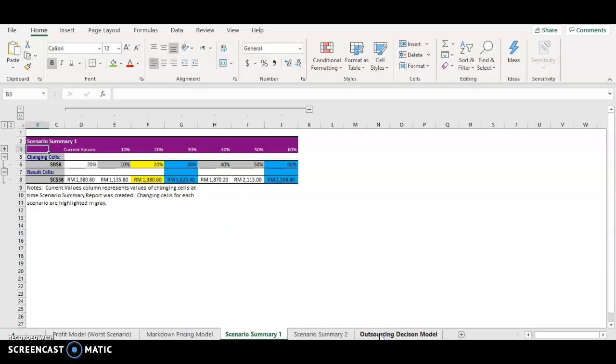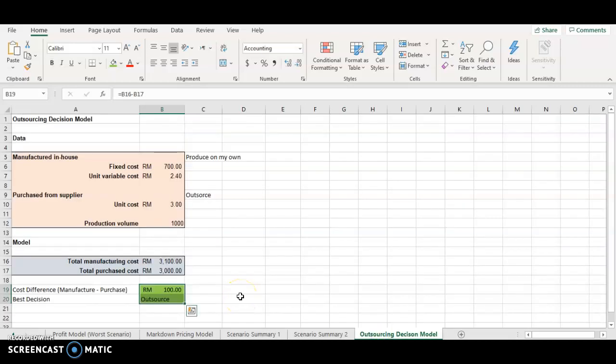As for the last part, the outsourcing decision model, I key in. This is to know whether I should manufacture my product or purchase from the supplier. From here, I key in all the info that I've been assuming based on the assumption, but to know whether to choose manufactured or purchase from supplier, we should see from the cost difference.